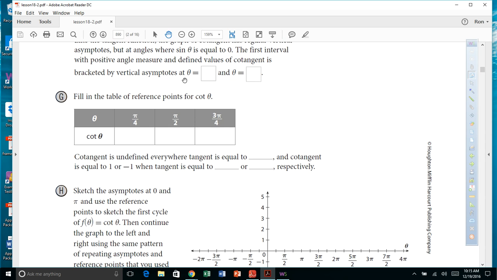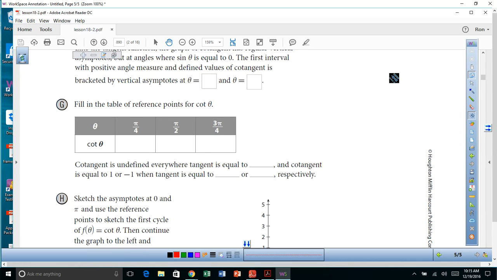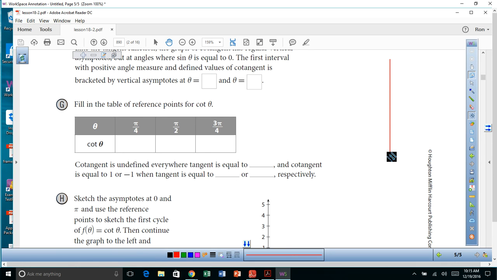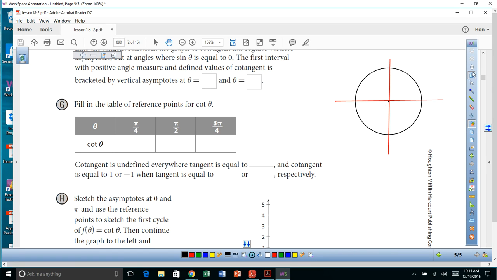Well, let's just draw one real quick. So where is sine theta equal to 0?